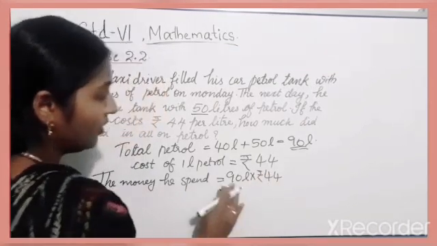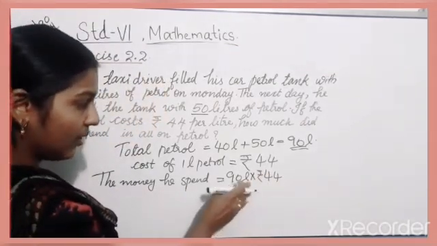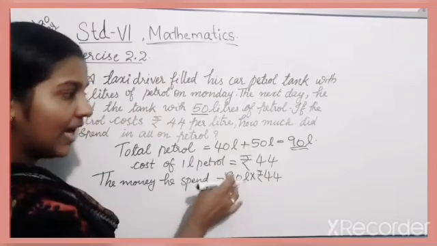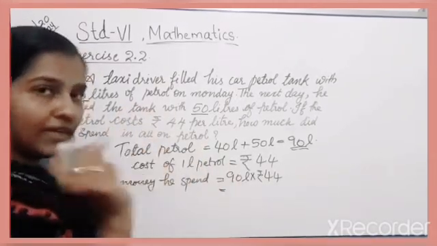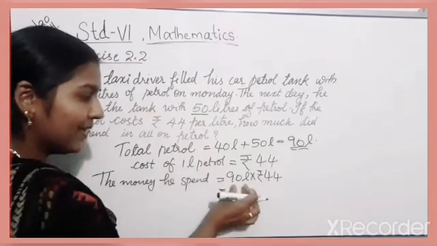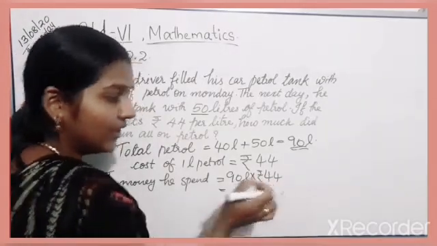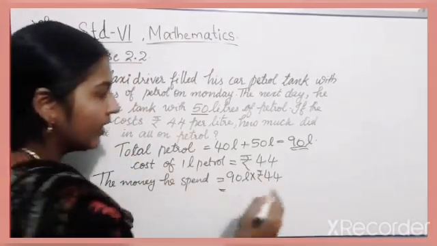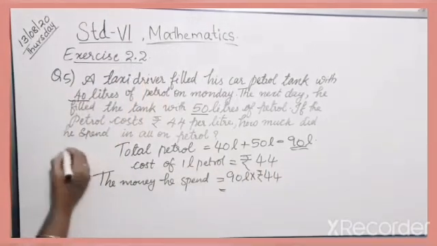The total quantity of petrol is 90 and the rate of 1 liter of petrol is 44. That's why we are multiplying 90 with 44. Clear?